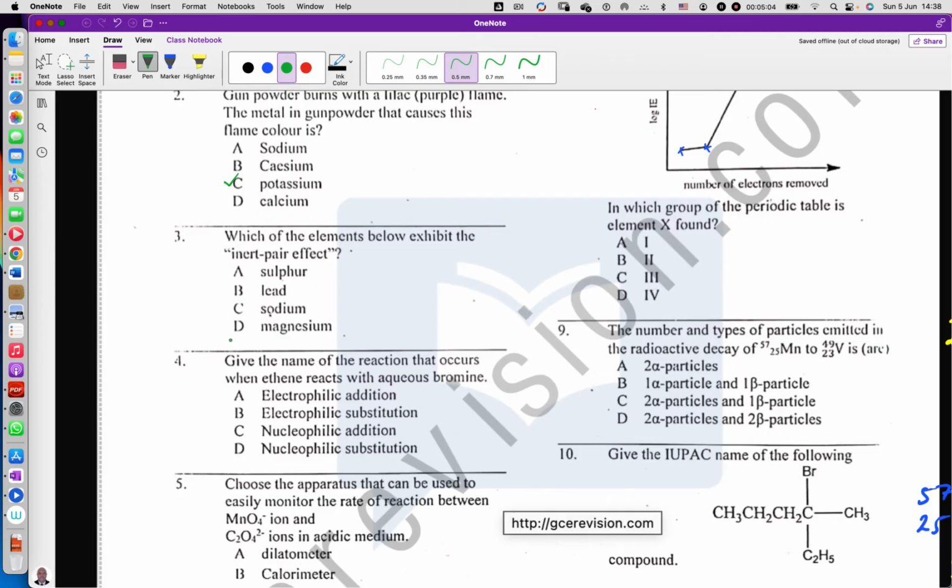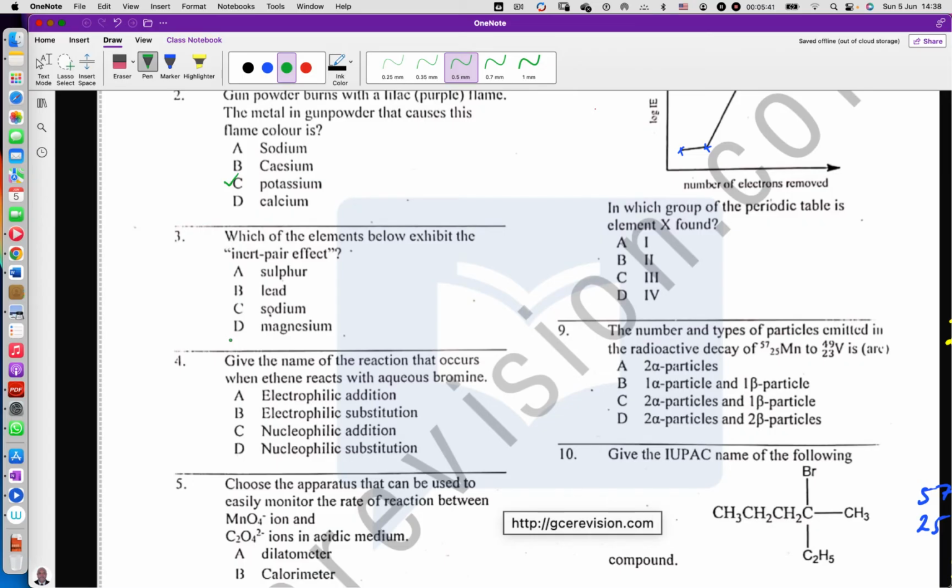The outermost electrons remain paired, and to unpair them will require a lot of energy. For that purpose, they don't take part in chemical reactions, and it will exhibit an inert pair effect. Going through question 3, we have sulfur, lead, sodium, and magnesium.